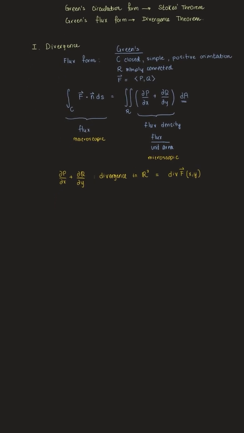And we define it also using our del operator. So using our del operator, divergence is actually the dot product of del with our vector field.